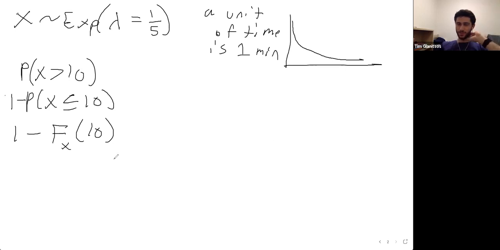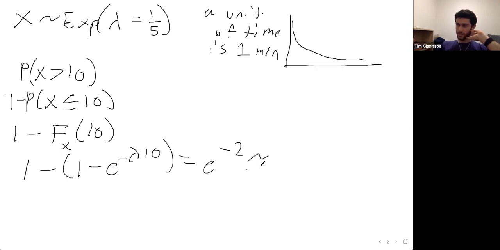If you look on Google or Wikipedia, you can find the equation for this. It turns out to be 1 minus e to the negative lambda times our input, which is 10. And so that's going to be e to the negative 2, which is approximately 0.1353.